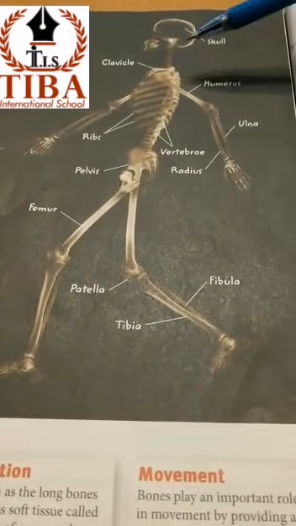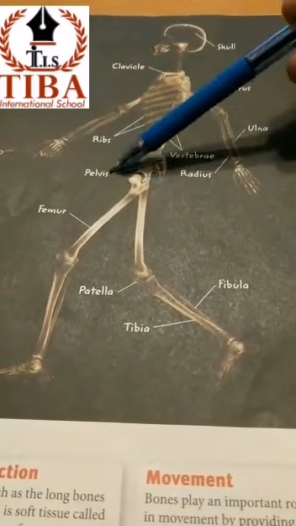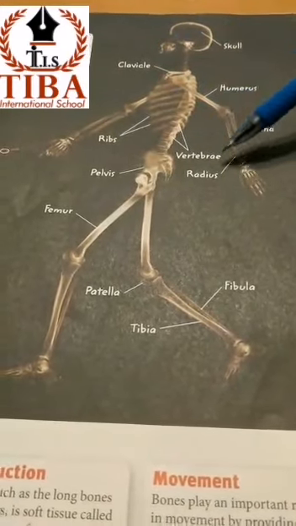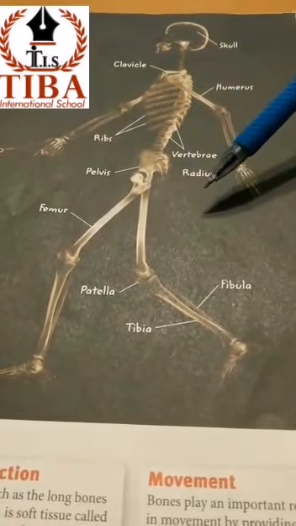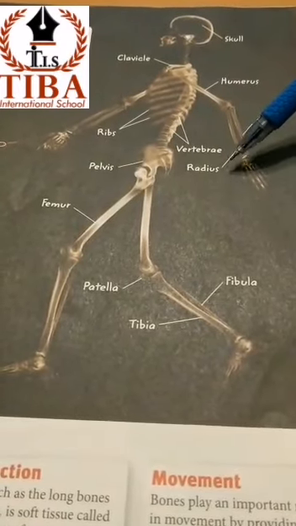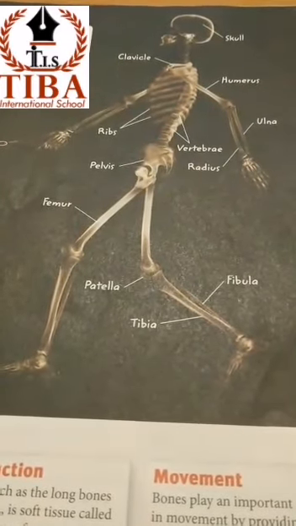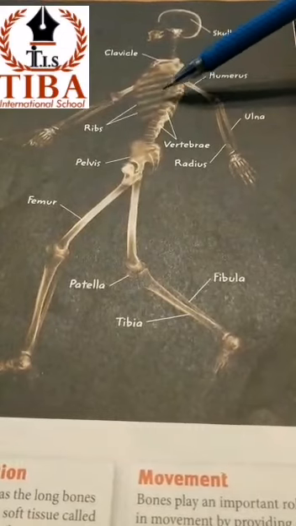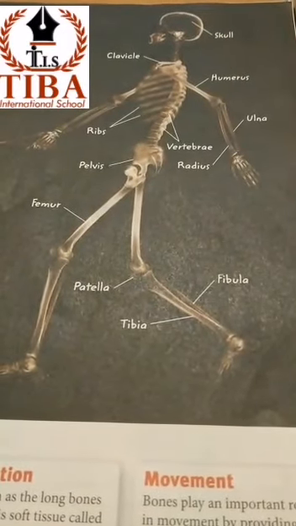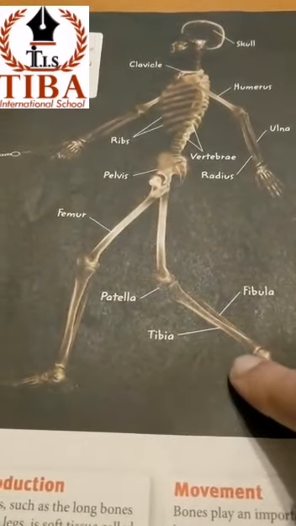From this skeleton, what can you say about the structure of the skeletal system? It's made up of bones. Excellent. But how are these bones connected together?